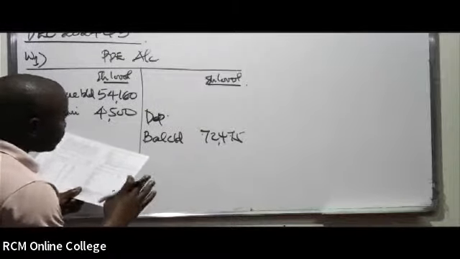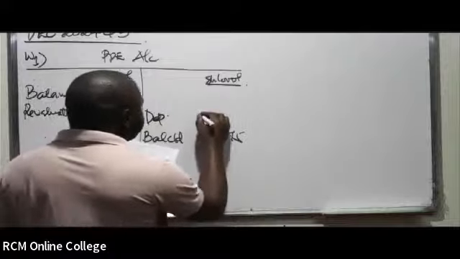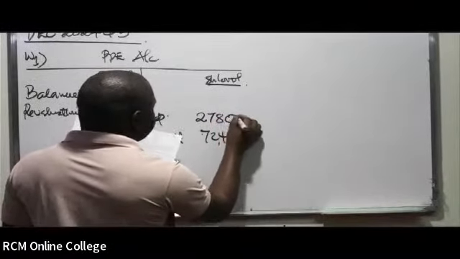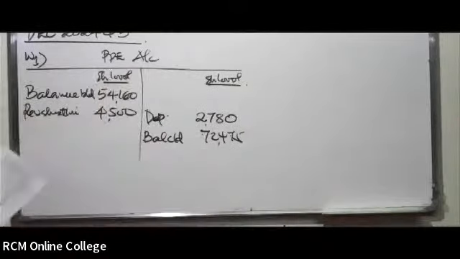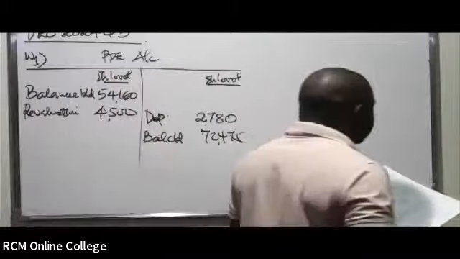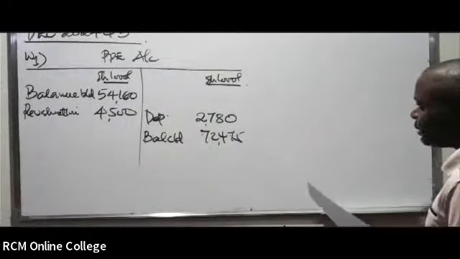So they lost a value of 27,810. There's no other indication in this case that this PPE was affected. These are only the effects we have on the property, plant, and equipment.